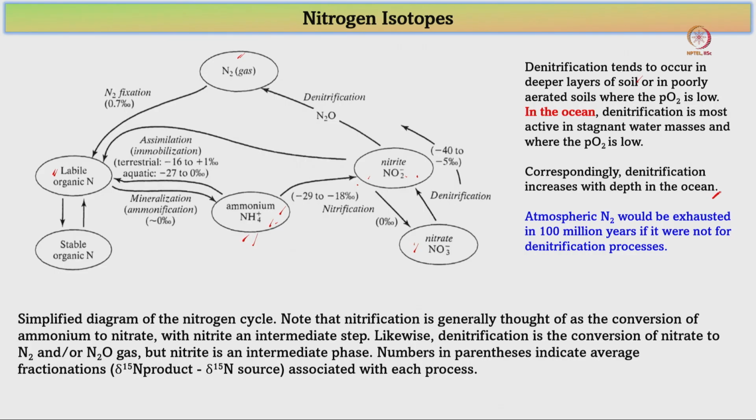It would have been exhausted in the first 100 million years. It is just due to this continuous denitrification, continuous release by the ocean, the organic matter that is getting released back into the ocean from the terrestrial ecosystem and marine ecosystems, that we still have nitrogen as a major gas in the atmosphere.